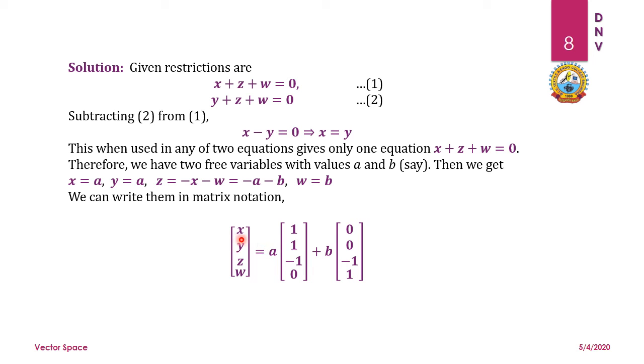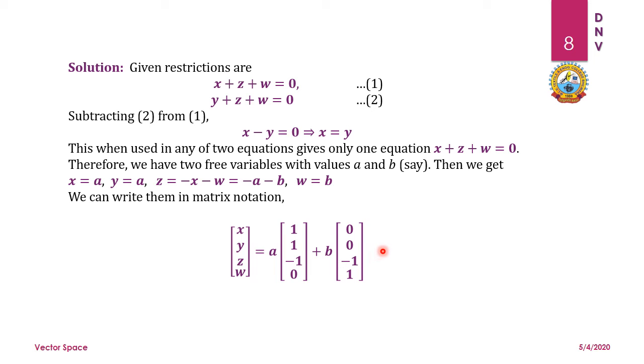So here we can see that any arbitrary vector in W can be represented as a linear combination of these two vectors for any arbitrary values of A and B, meaning thereby the basis for this subspace of R4 contains only 2 elements.